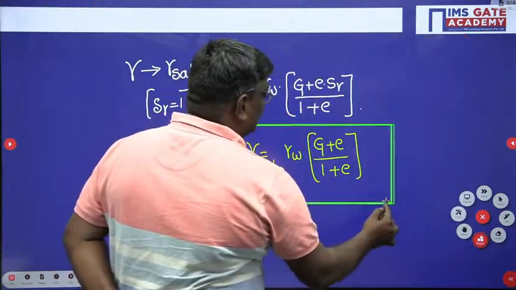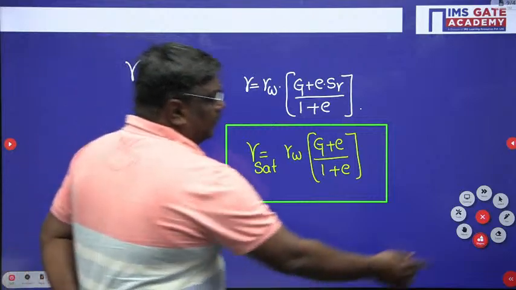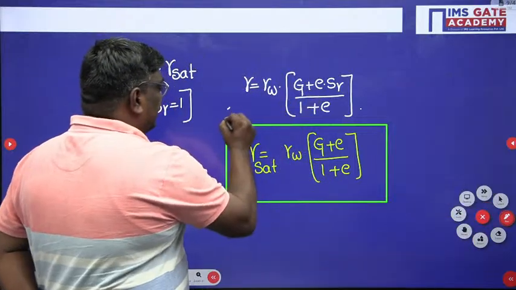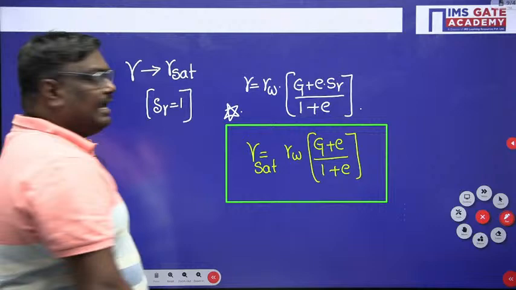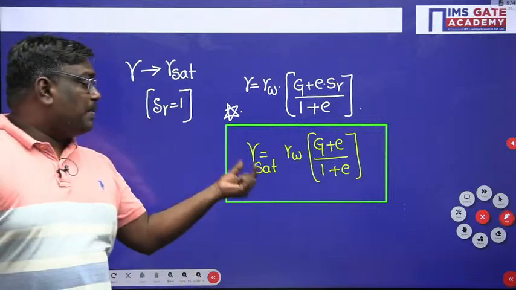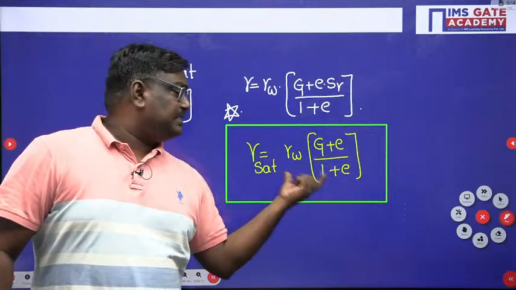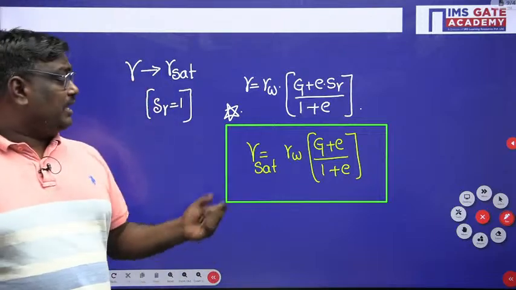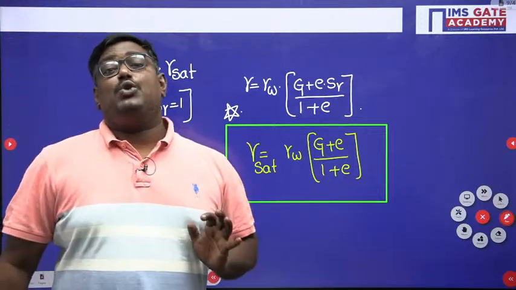Agree? Any doubts in this, sir? Gamma sat is equal to gamma W into G plus E upon 1 plus E. So this is the formula for saturated unit weight.